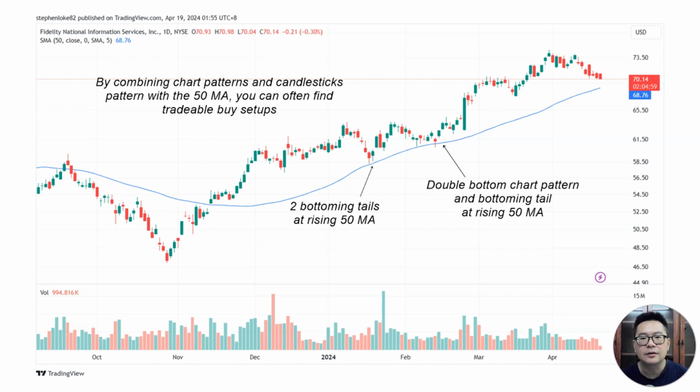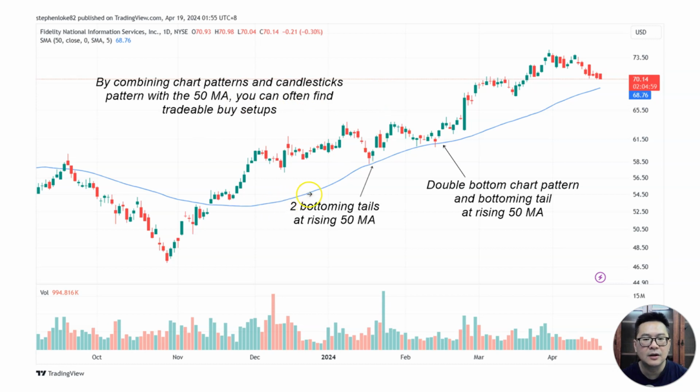Candlestick patterns are like doji, bottoming tail, bullish harami. In itself, we can make a very long series of lectures on chart patterns alone and candlestick patterns alone. But I'm teaching you here how to combine the 50 MA with chart patterns and candlesticks.